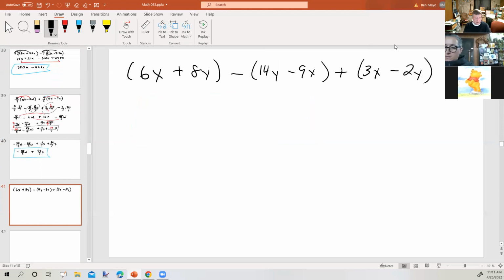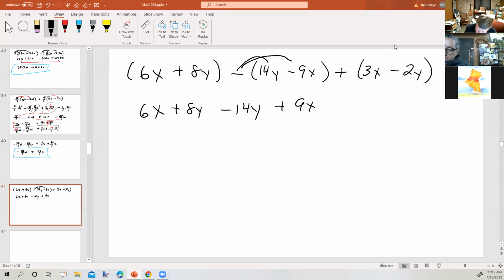Okay. So there's nothing in front of the first set of parentheses. So it's like we're just distributing a 1. So we get what's inside. The second set of parentheses has a minus sign in front. So distributing minus times 14y is minus 14y. But minus times minus is positive or plus 9x.